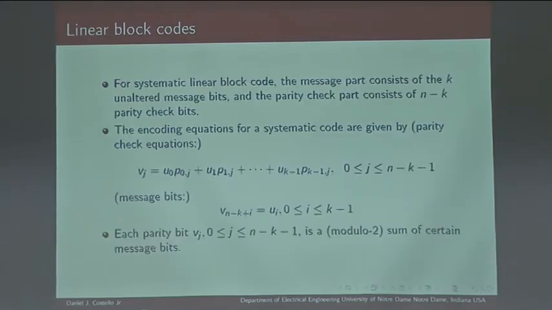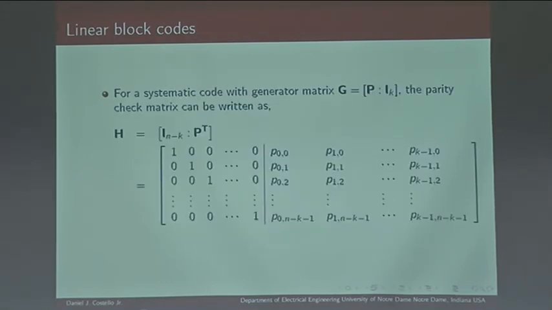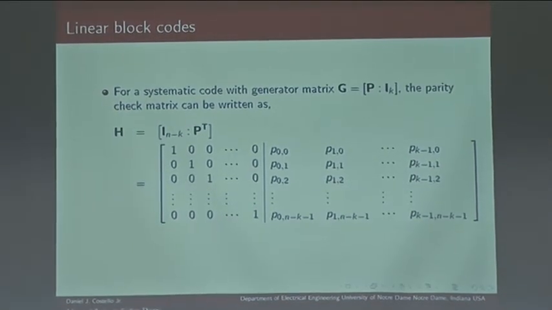So when you have a code in systematic form, it's easy to convert from the generator matrix to the parity check matrix. In the generator matrix, you have a k by k identity on the right. In the parity check matrix, you have an n minus k by n minus k identity matrix on the left.